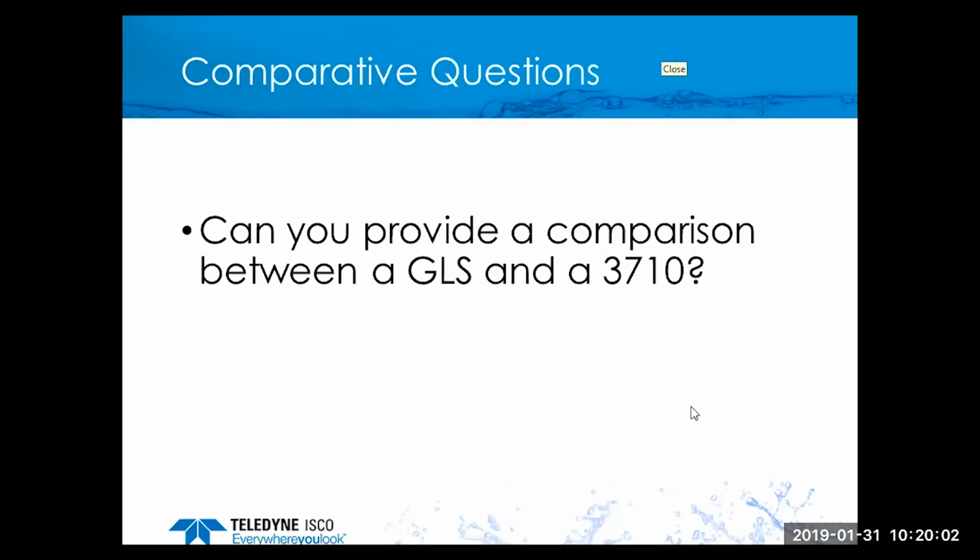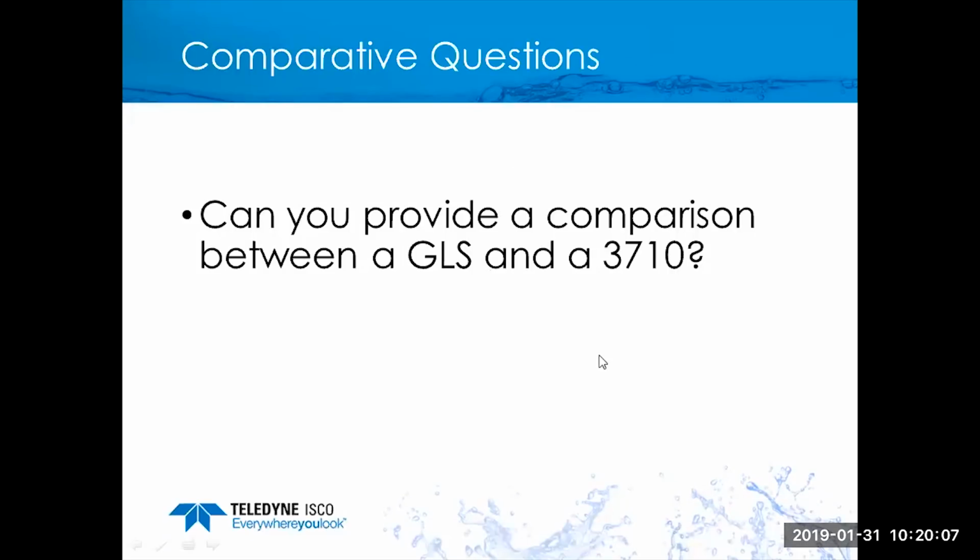First of all, the sampler itself cannot be located within the rated environment. If the sampler is located within the rated environment without being rated, you have essentially just violated the requirements of that particular application. However, you can use any sampler model, including the GLS and the 3710, in an application that is rated Class 1 Div 1 by locating the sampler outside of the environment and running the intake line into the environment, so that there is nothing within the environment that would jeopardize or violate the regulatory limits of that environment.